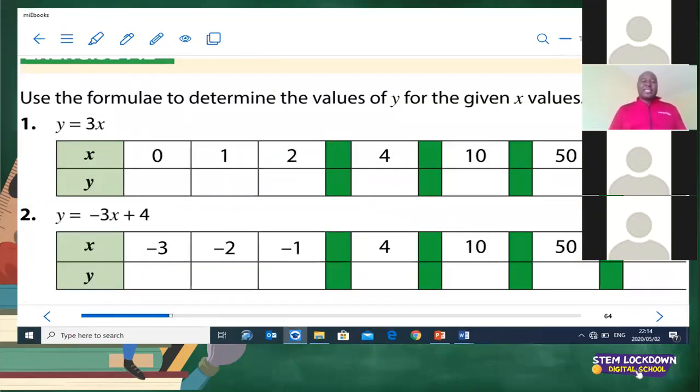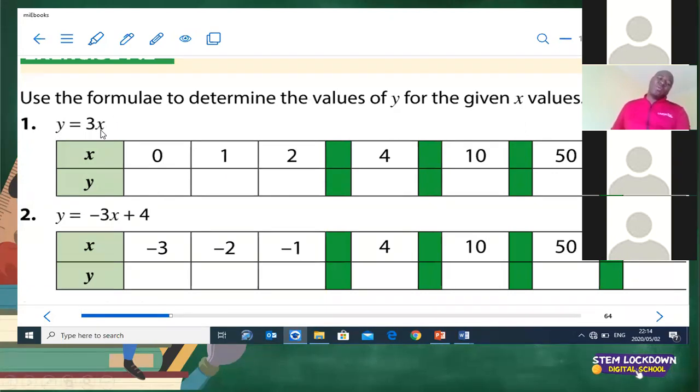Let's go to the next exercise. We are given a formula here. y is equal to 3x. And we need to find the value of y if the x values are given as follows here. So we have different values of x here. Can we use these values to find the y values? In other words, can we use these input values to find the output values?